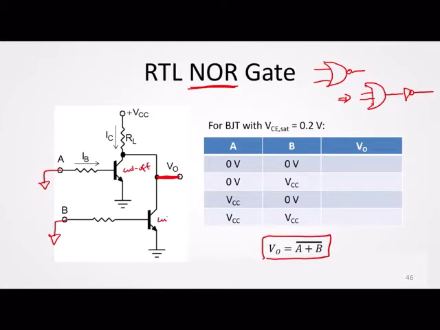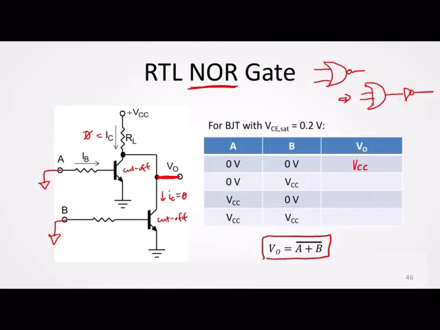If it's in cutoff, that means your currents would be 0. IC would be 0 here, and IC would also be 0 at the top BJT. So that means your V out, because there is no voltage drop across RL, would be pulled up to VCC. So the output here would be VCC.